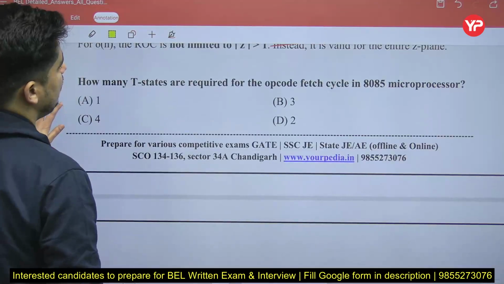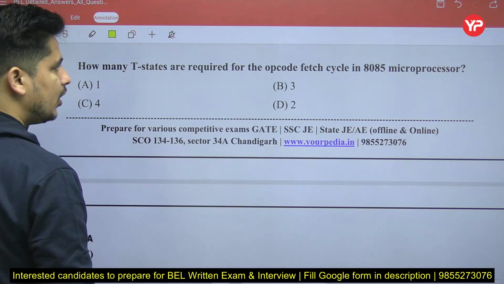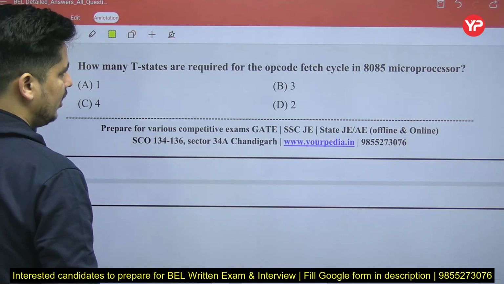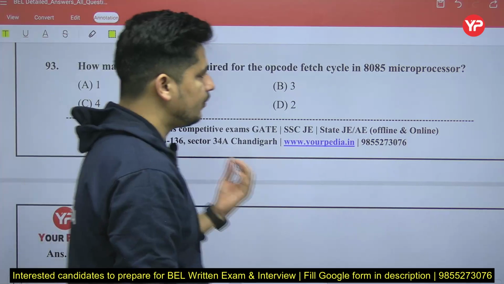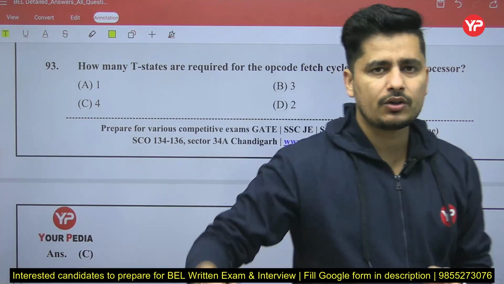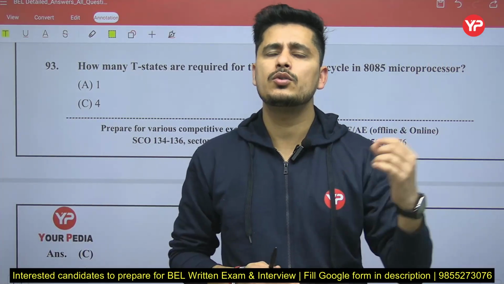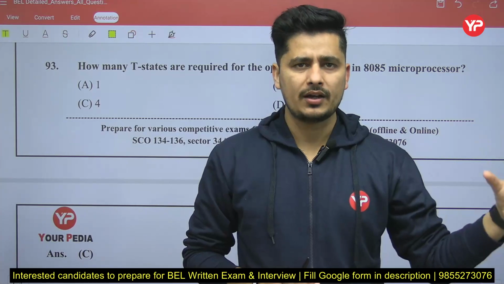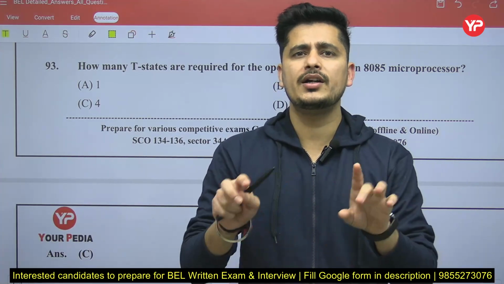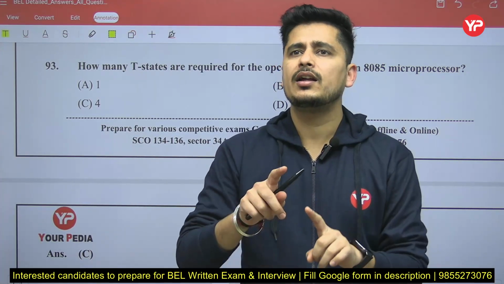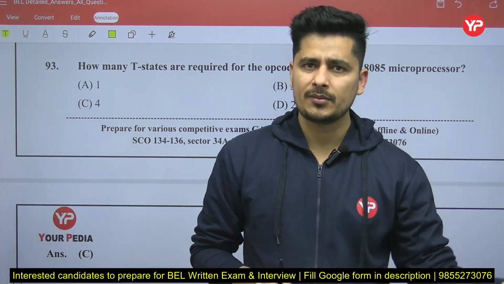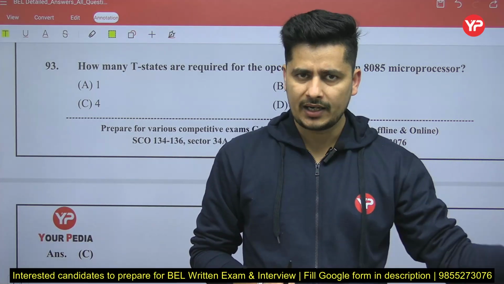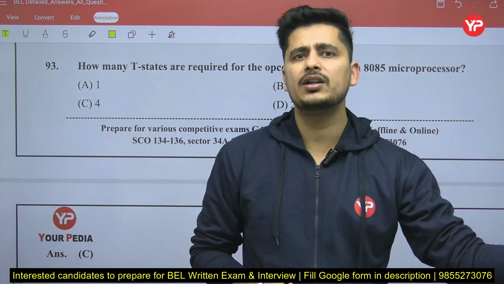How many T states are required for the opcode fetch cycle in an 8085? Whenever you have an 8085 microprocessor, there is opcode fetch. Opcode fetch means you have to go to the memory. Let us take, you write something like ADD. When you write ADD, it will go to the memory location where the ADD instruction is available and fetch that.